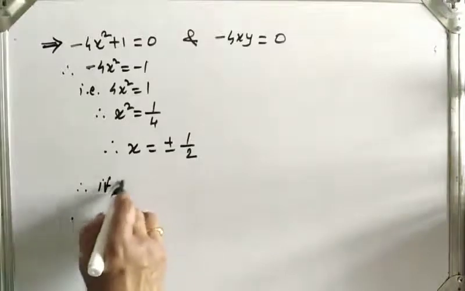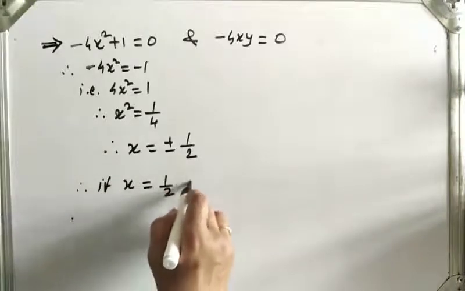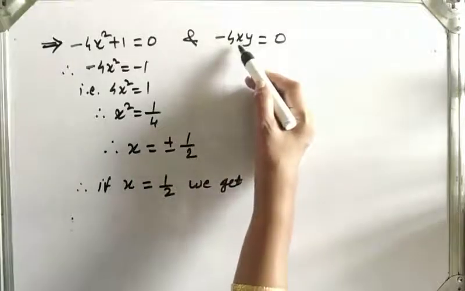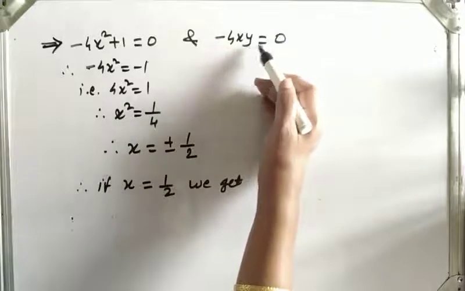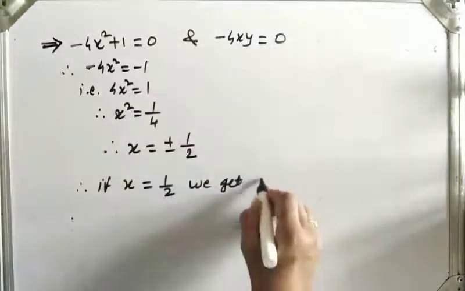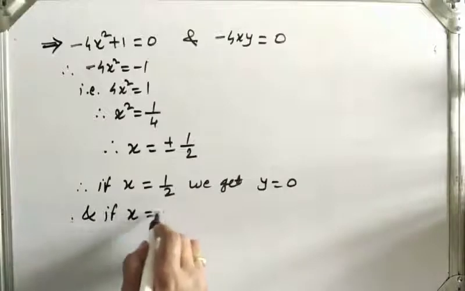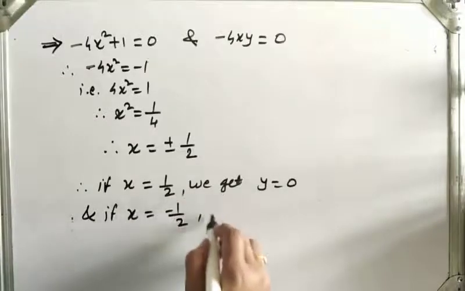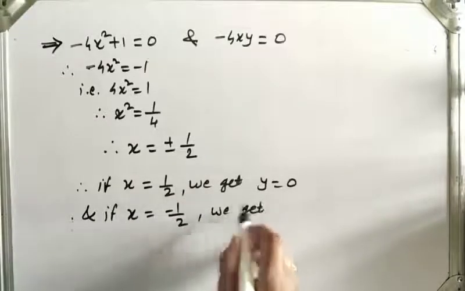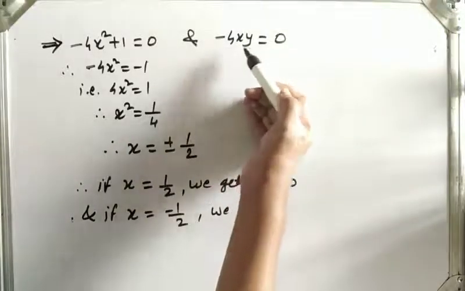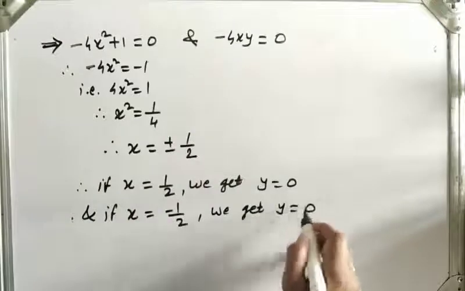Therefore if x is equal to 1 half, we get minus 2y is equal to 0. That means y is equal to 0. And if x is equal to minus 1 half, in that case also we get 2y is equal to 0, which means y is equal to 0.